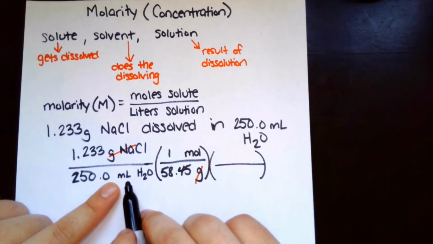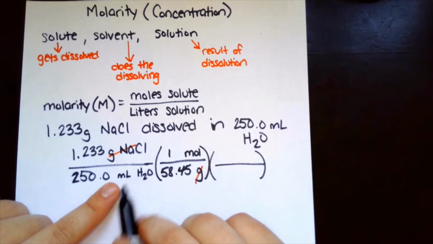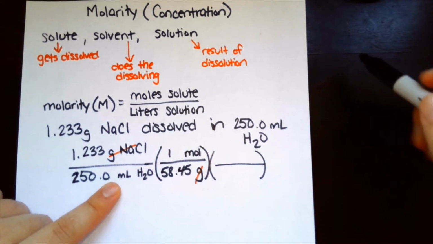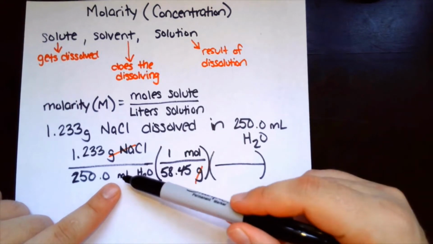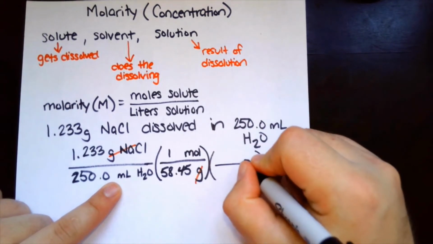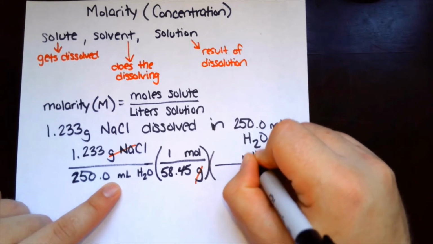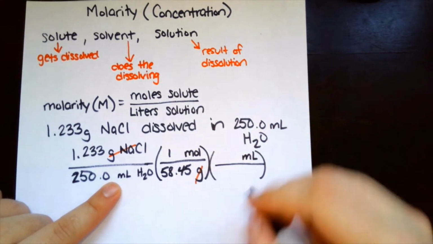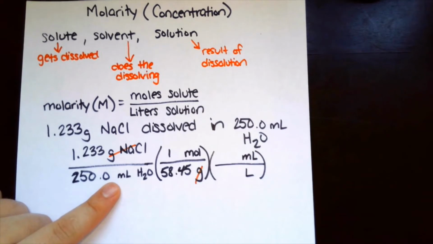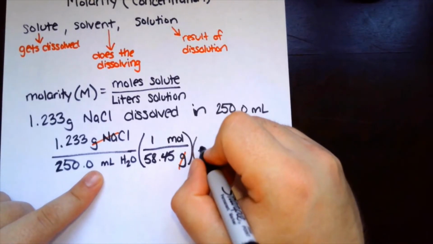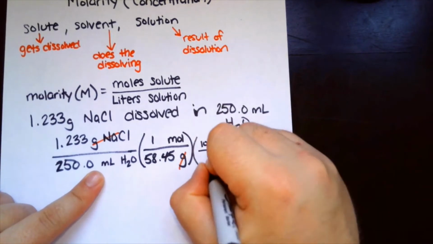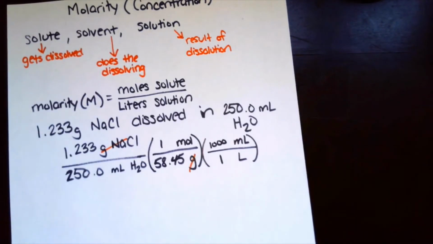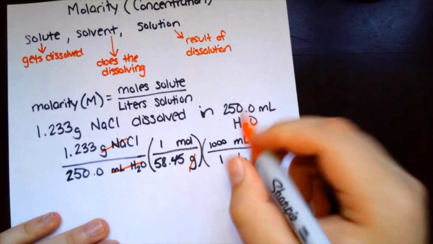I think this is our first example, at least that I've done through video, where we have a unit starting in the denominator that we need to cancel out. So, if we need to cancel out milliliters that's in the denominator, we have to put it in the numerator up here, which means liters goes down here. And we said there are 1,000 milliliters in 1 liter. So units of milliliters gets canceled out.